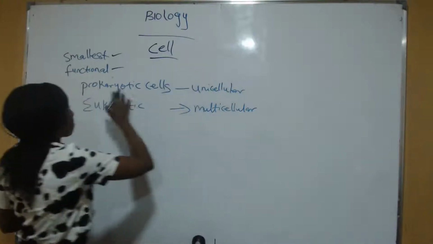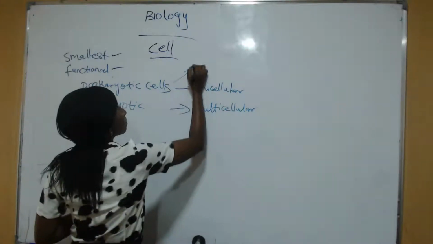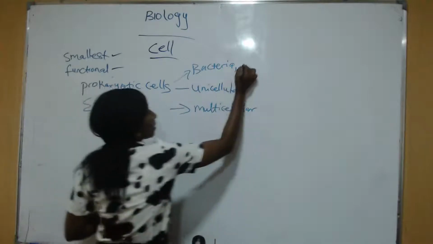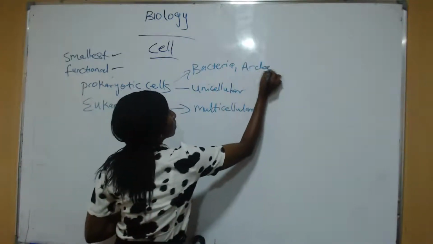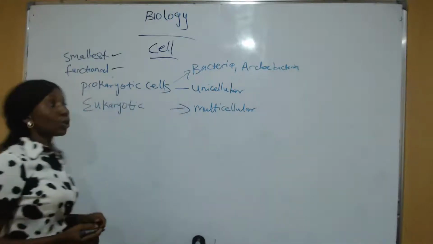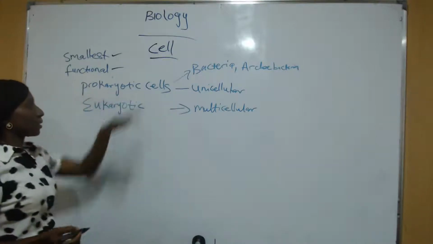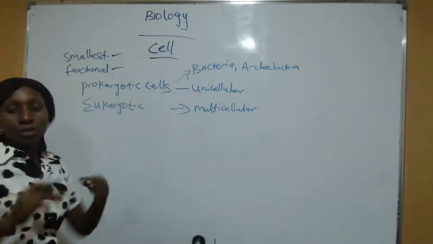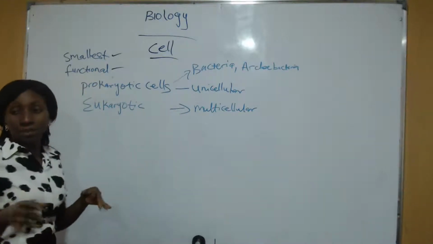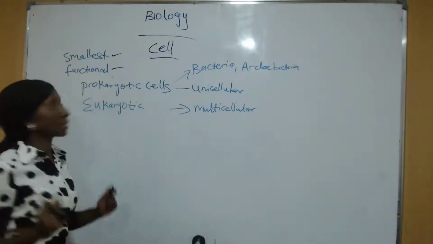An example of a prokaryotic cell is bacteria and archaebacteria. As we all know, bacteria are microscopic organisms, and they are prokaryotic cells. They have just one cell. This one cell functions to give the bacteria life. It helps the bacteria reproduce, excrete waste products, and carry out all its life processes.